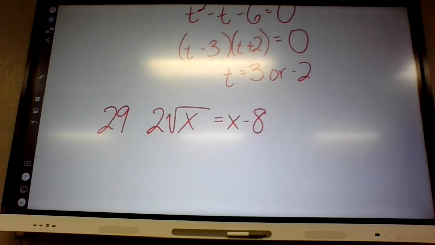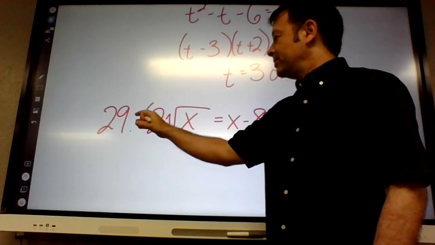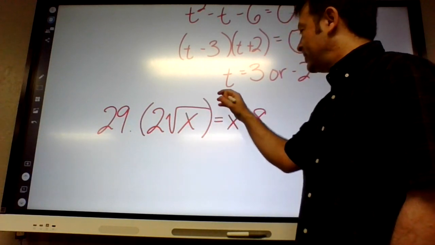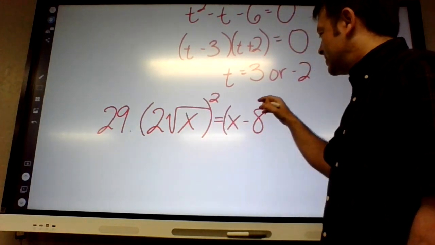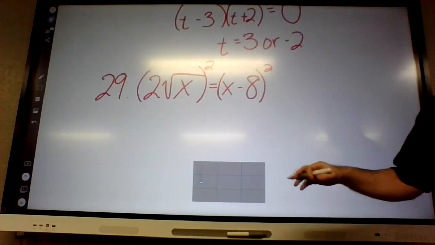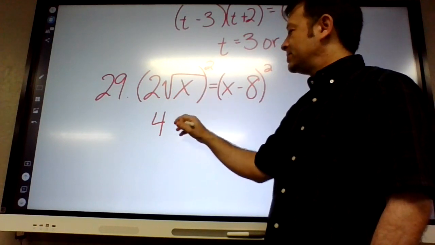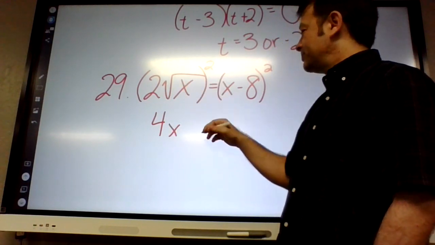That's an odd choice. Alright, any bright ideas on this one? Square. Okay, we can square both sides. That will get rid of the square root. We don't really want that square root. But it would have to be like this. So 4x equals... When you, 2 squared is 4, square root of x squared is just x, because square roots and squares are opposite.